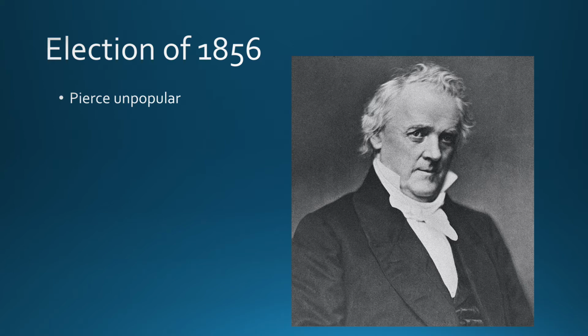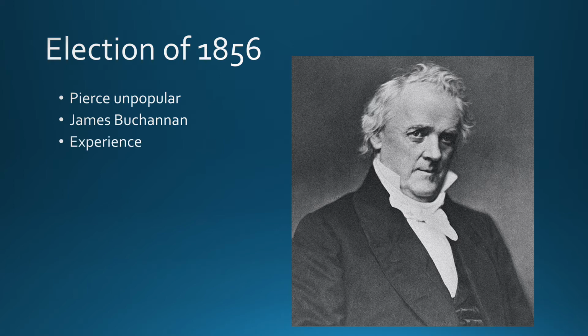So the Democrats will not put him up for re-election. Instead, they go with the man you see here in the picture, James Buchanan, from Pennsylvania, one of those middle states, a battleground state in 1856.